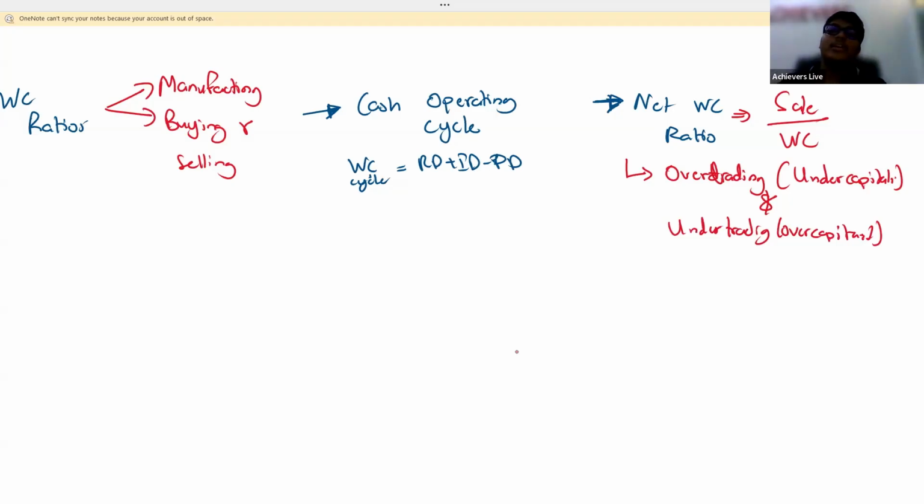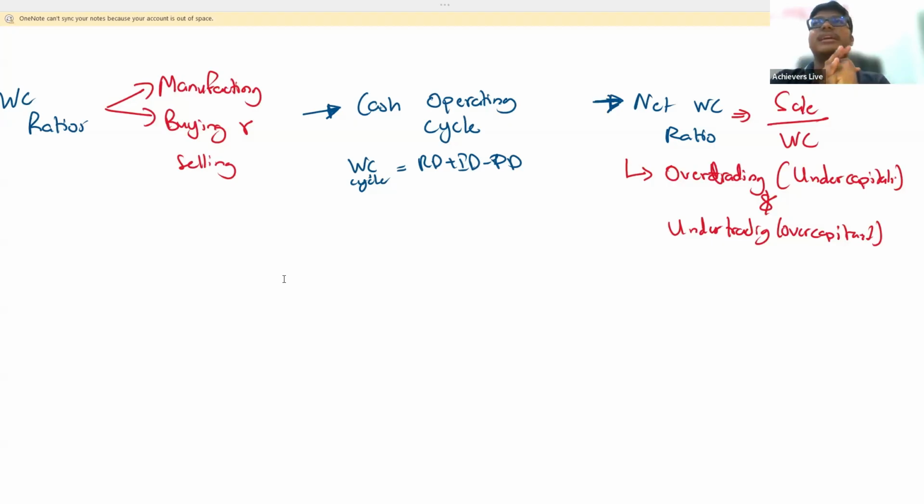In over trading, you are not keeping enough money for working capital purposes. So this is something wrong which you are doing. What are the symptoms? Rapid increase in sales, fall in profit margins, increase in receivables and inventory, increase in payables, reduction in current ratio, increase in the operating cycle. These are symptoms of over trading.